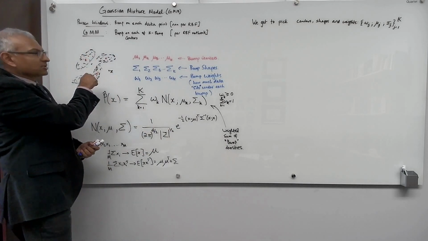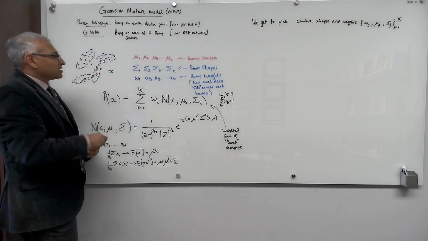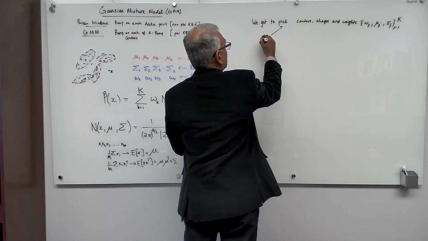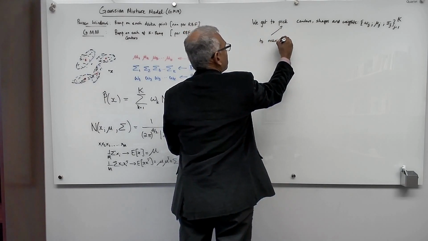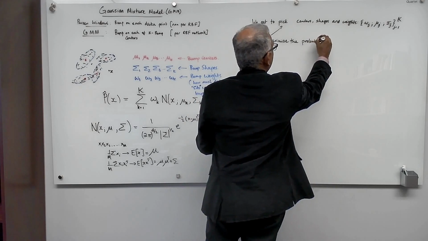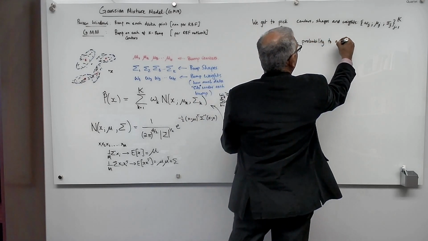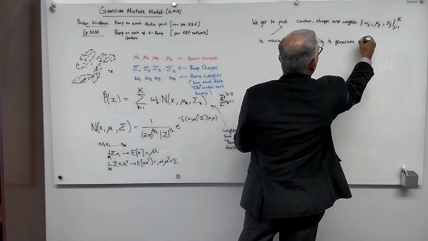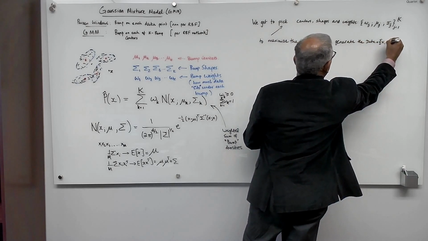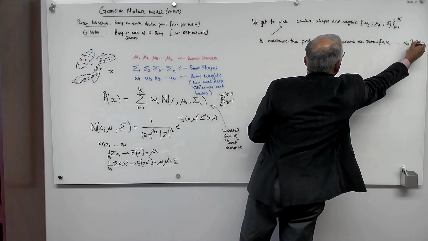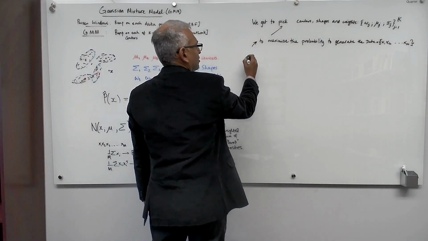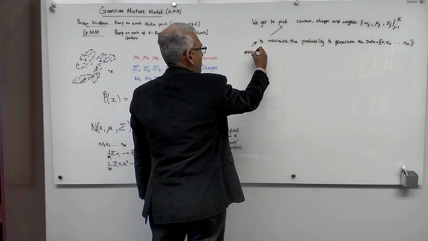And we've generated a bunch of data, so we could try to maximize the probability of generating the data, which is your x1, x2 up to xn. This is the method of maximum likelihood.